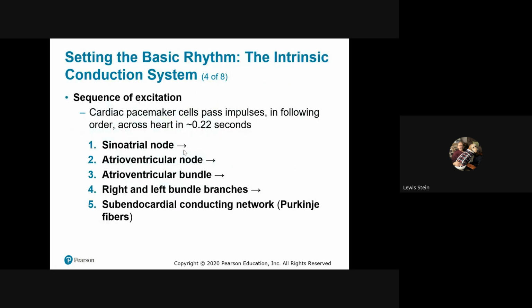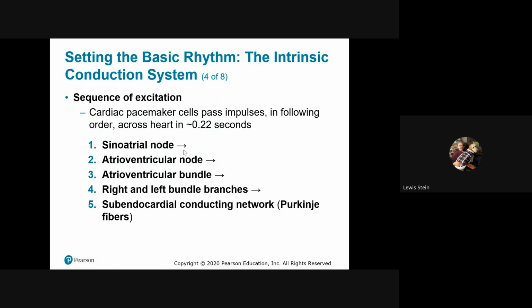This is the sequence, and we've talked about it a couple of times. SA node, and again, we're talking less than a quarter of a second. SA node to AV bundle, then branching right and left, and then finally taking that signal rapidly through the AV bundle and the bundle branches down to that subendocardial conducting network by way of the Purkinje fibers.